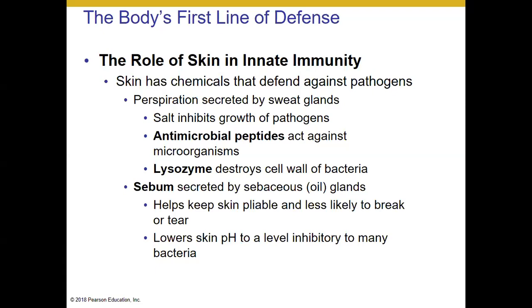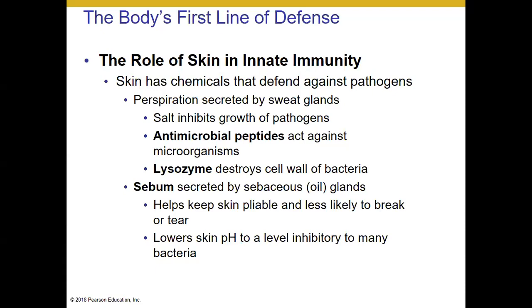You also have sebum, secreted by your sebaceous glands, which are associated with hair follicles, right? This is a fatty, oily substance that actually helps keep your skin nice and pliable so you don't turn into beef jerky, right? And that prevents breaks and tears. Those of you that maybe had bad acne when you were younger, these sebaceous glands actually get blocked, and it creates a nice environment for bacteria, and it causes inflammation and swelling, and that's one of the culprits in acne.